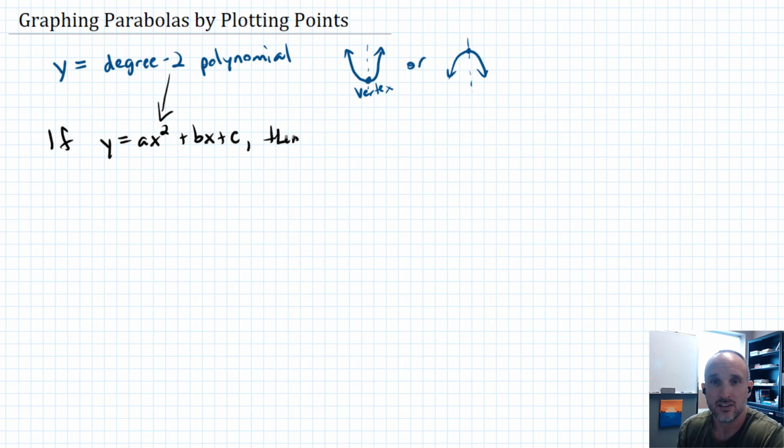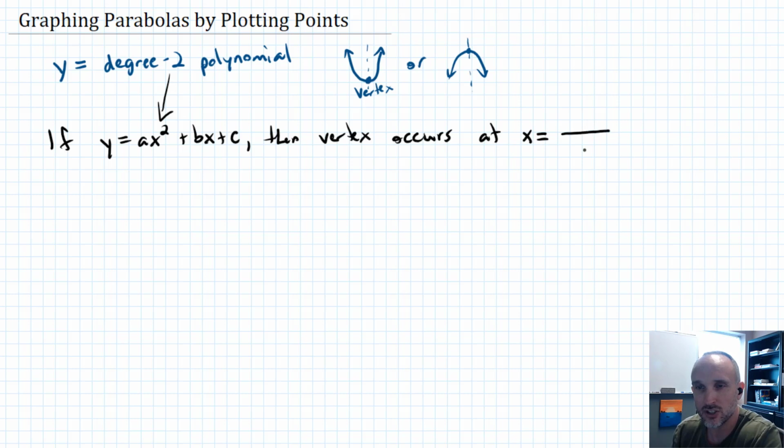Then the vertex occurs at, and this looks a lot like the quadratic formula. It tells us the x value where the vertex is. X equals, remember the quadratic formula is a fraction, negative b, and then plus or minus the square root. Just ignore that for this vertex formula. And then on bottom, you've got the over 2a.